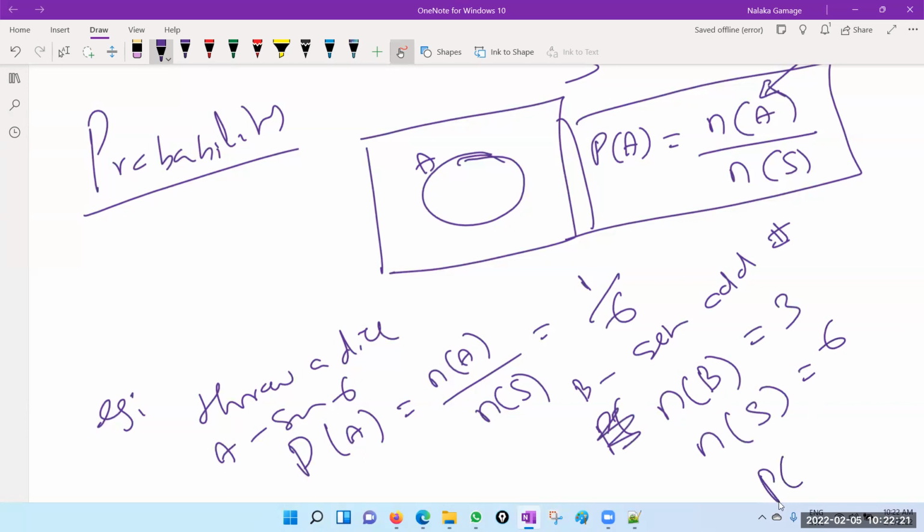So the probability of getting an odd number is 3 divided by 6. Usually with probability you don't simplify, you just keep it as it is. If you simplify, we are not saying that it's wrong, but usually we like to keep it as it is, because it gives that 3 out of 6: 6 outcomes, and 3 outcomes cover your scenario. But as a mathematical value, 3 divided by 6 is the same as half. That is fine.